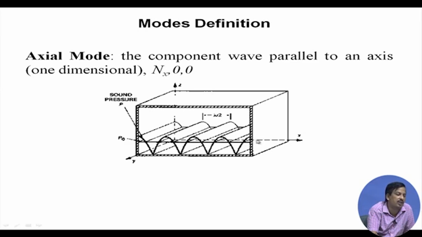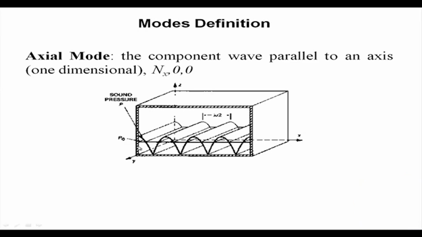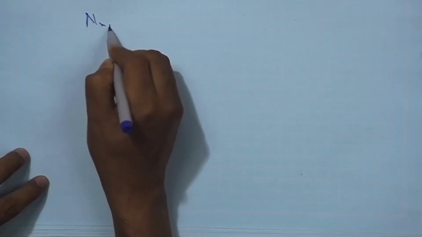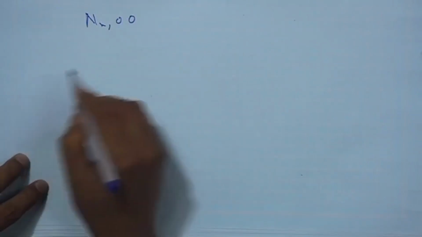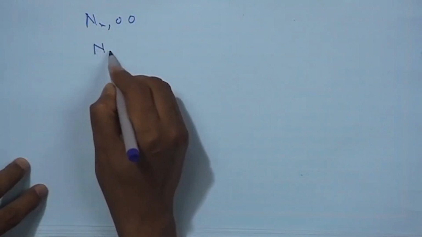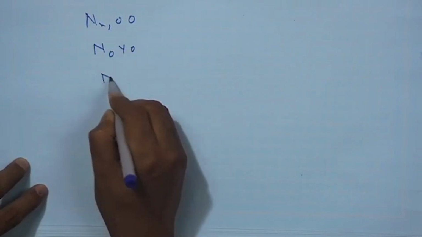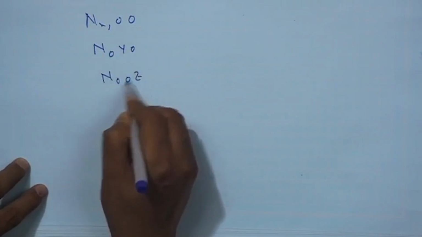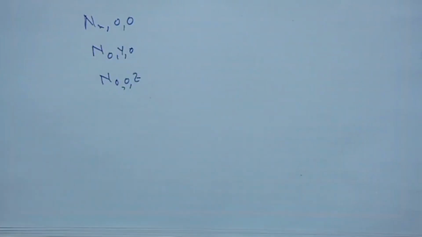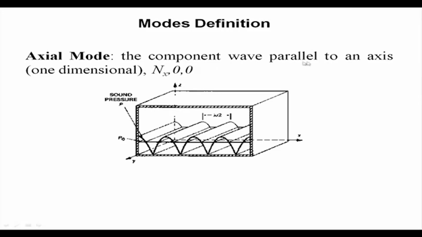That is why it is called an axial mode. It may be created along the x axis, then it is n x 0 0. If along the y axis, 0 n y 0. If the z axis, 0 0 n z. So, it is along the axis, that is why it is called an axial mode, the component wave parallel to the axis, in one dimension.